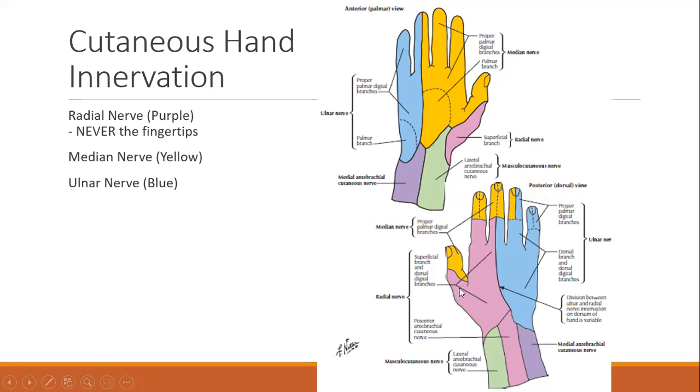So if they give you a scenario where a patient has lost sensation to the proximal portion of the thumb, as well as has some weakness in extension of the hand, you know that that's radial nerve, because radial nerve innervates the extensor muscles of the hand, as well as cutaneous innervation on this proximal portion of the thumb.